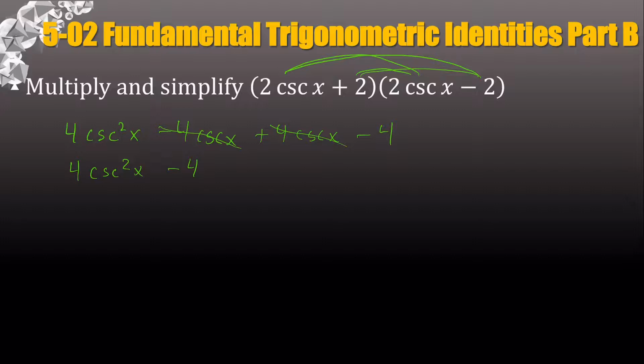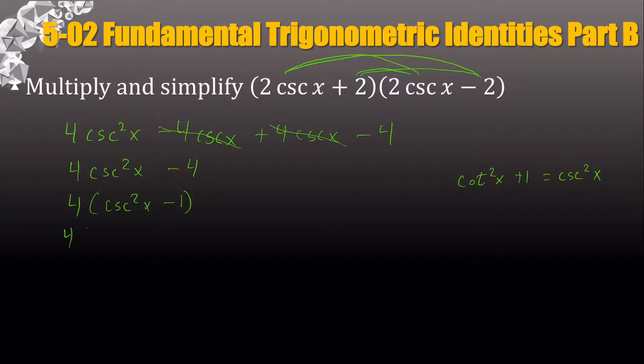Looks like we could factor out 4. And then we think, oh, hey, we had this, since it's squared, a Pythagorean identity that said cotangent squared plus 1 equals cosecant squared.